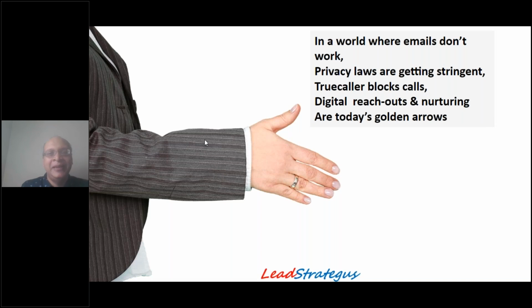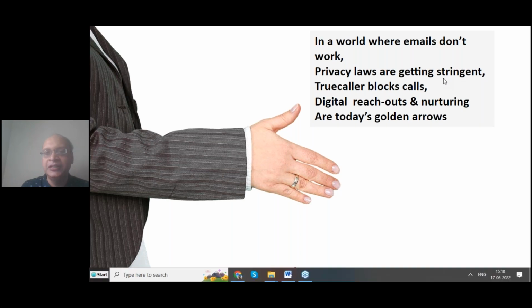So in a world where emails don't work, privacy laws are getting tougher. Many of us, how many of you are using Truecaller? Do a lot of you use Truecaller? Yeah. So some of you are using Truecaller. Karen said it helps. Tarun said yes.